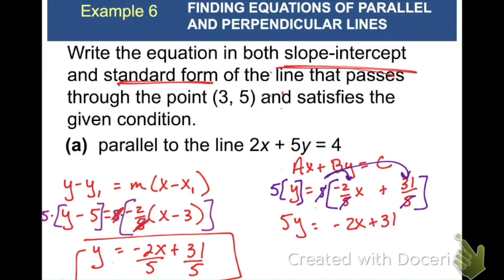Now I don't have any more fractions. And in standard form, it's ax plus by equals c, so I want this x on the other side. So I'm going to move the 2x to the other side. So if I add that 2x over, I'll get 2x plus 5y equals 31. So now I have both slope-intercept and standard form.